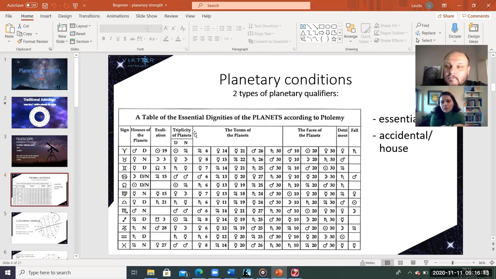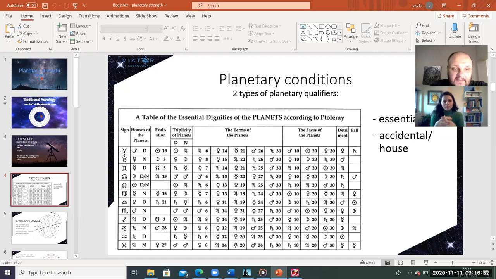So we have fire triplicity, water triplicity, earth triplicity, and air triplicity. And depending on whether it's a day chart or a night chart, a certain planet will be ruling and will add dignity by triplicity.